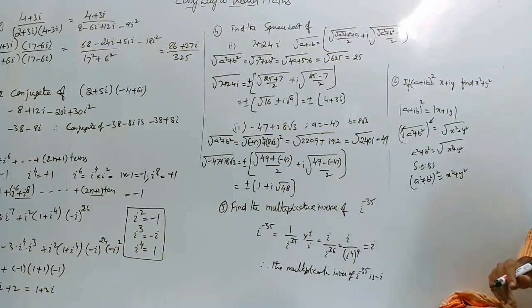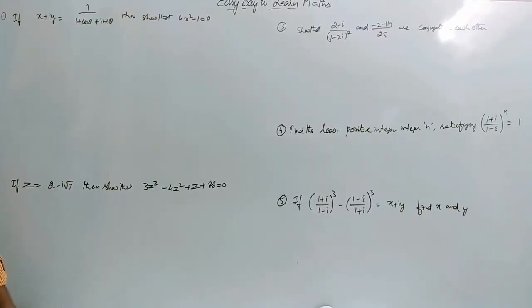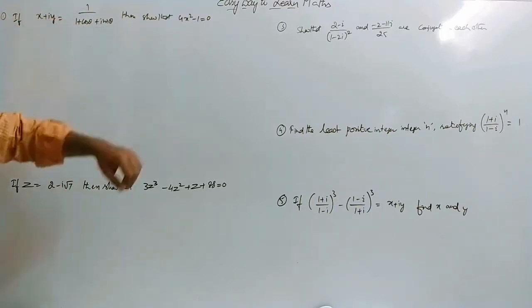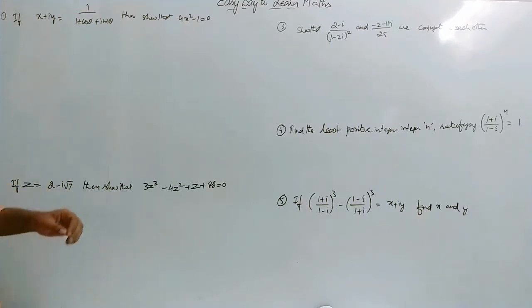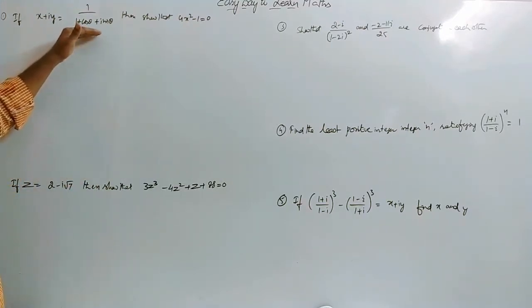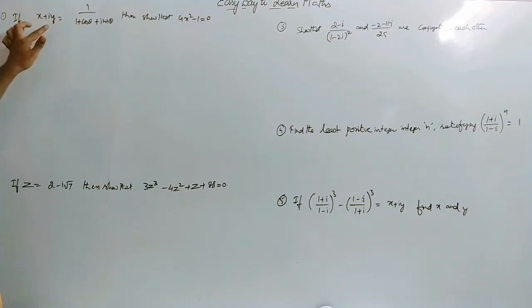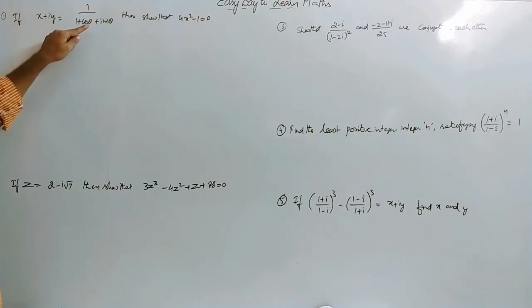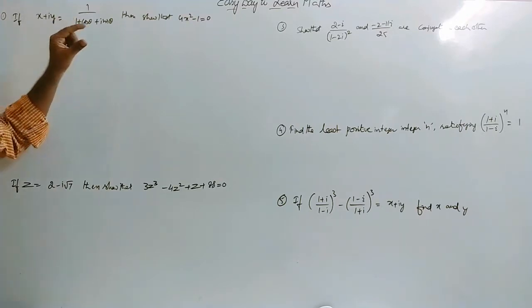Okay. Now let us solve some problems. Here, if x plus iy is equal to 1 by (1 plus cos theta plus i sin theta), then show that 4x square minus 1 equals 0. In this type of problems, here LHS is in the form of a plus ib. To compare the real and imaginary parts, we have to convert the RHS part also into the form of a plus ib.